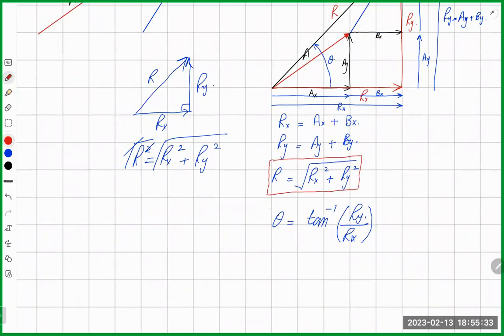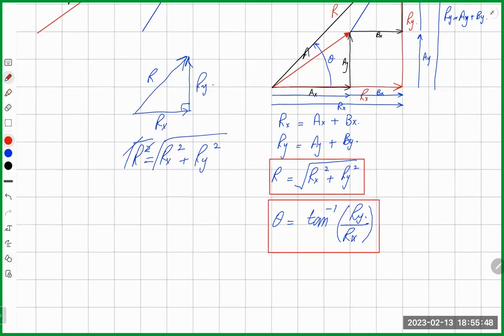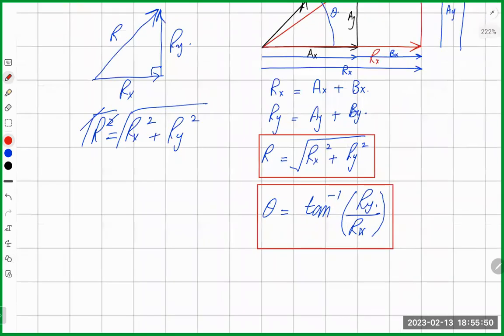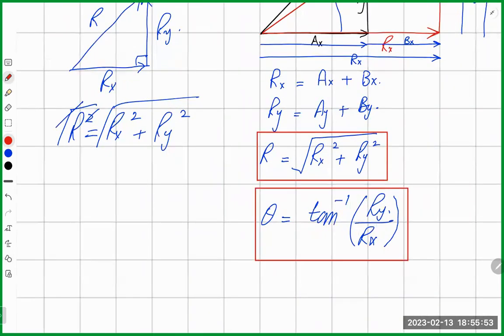You don't need a scale diagram for this one. We use the resultant's x and y components to find the resultant.